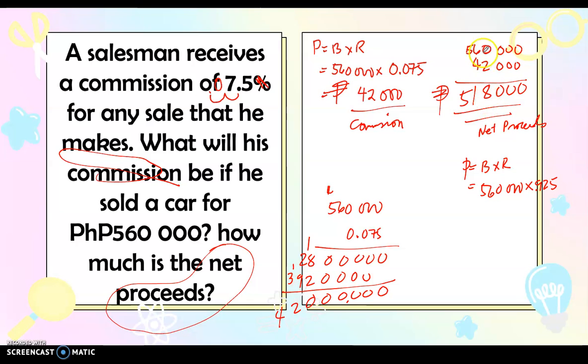No need to subtract 560,000 minus 42,000, because you will get the same answer, 518,000 pesos. But again, it's up to you. You may get the rate of commission first, then subtract it from the total value if the question is the net proceeds, or you may just use the rate of the net proceeds, which is 100% minus 7.5%.